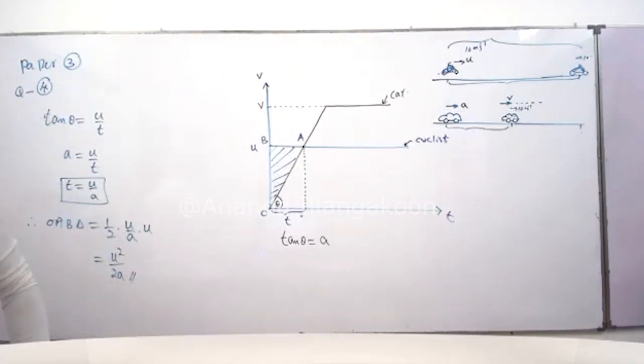Right, next question: a smooth wedge of mass 15m is free to move on a long, smooth horizontal floor of a lift. The lift ascends with acceleration g by 10.